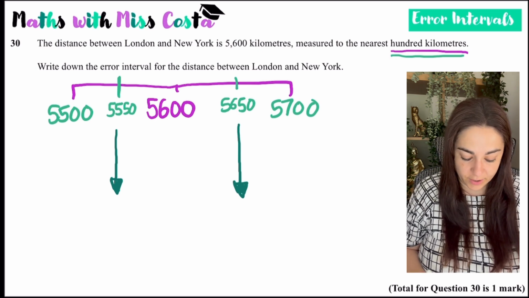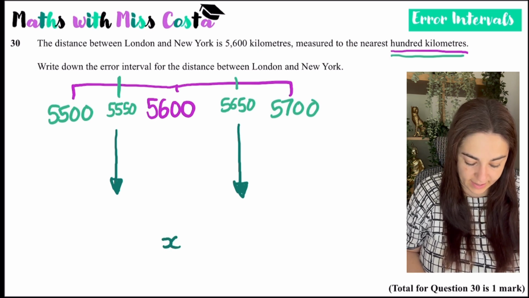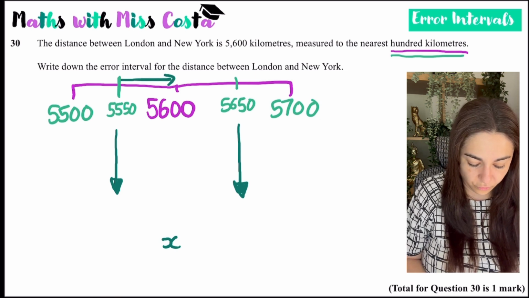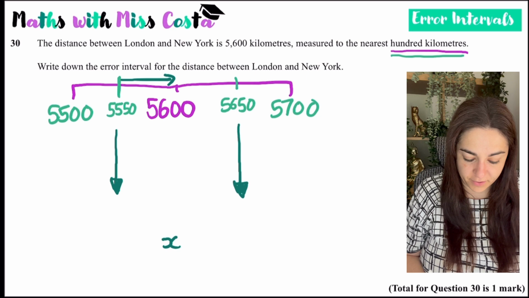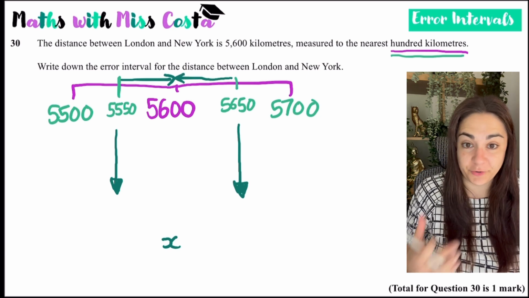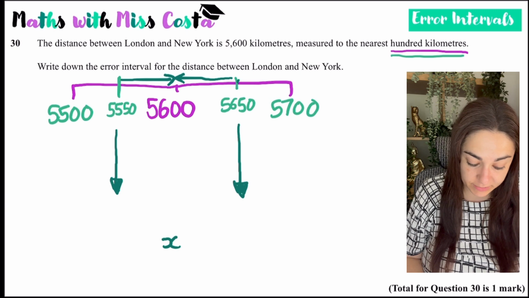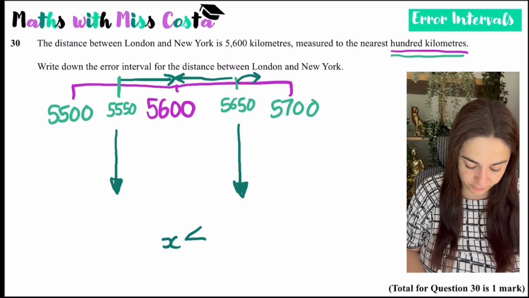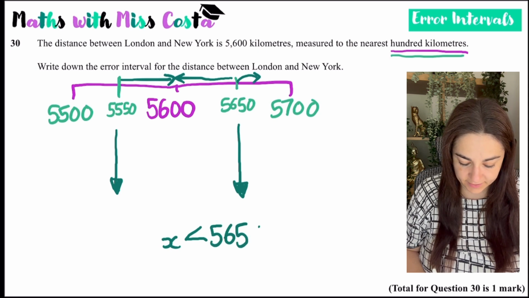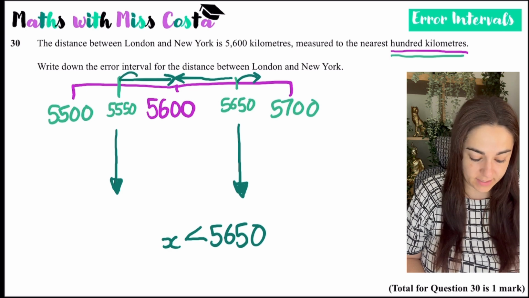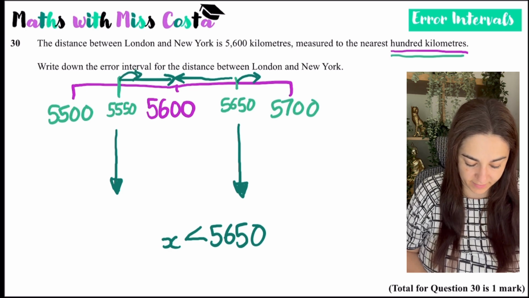So I know that x, I'm going to just call it x, the distance, it needs to be greater than 5,550 and less than 5,650. I know that if it actually was 5,650, it would round up to 5,700. So I'm going to have to say it's less than 5,650. And I know that if it was 5,550, it would still round up to 5,600.